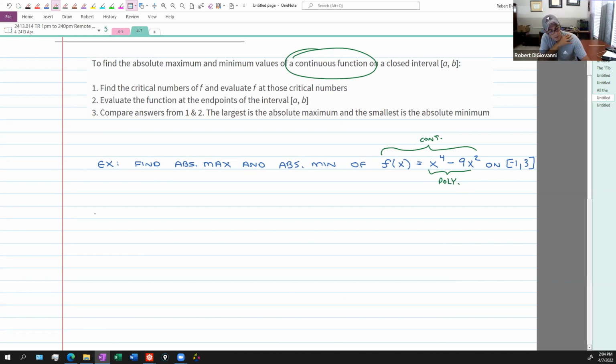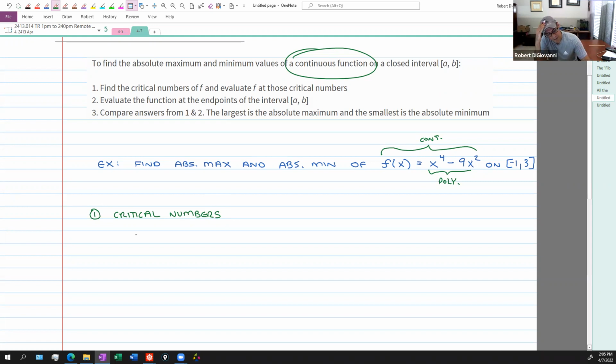So first thing I'm going to do is find the critical numbers. All right, so what are the critical numbers? Well, it's anywhere where the derivative is 0, or anywhere that the derivative doesn't exist.